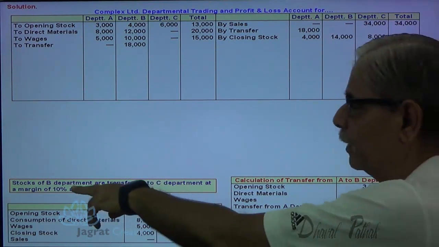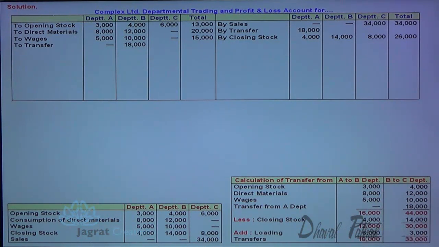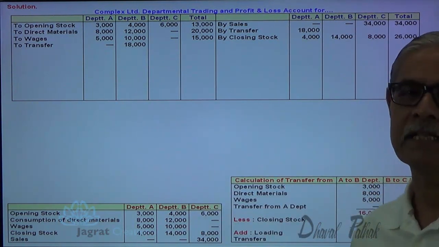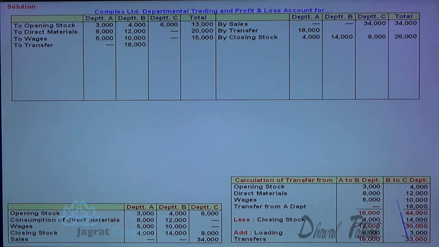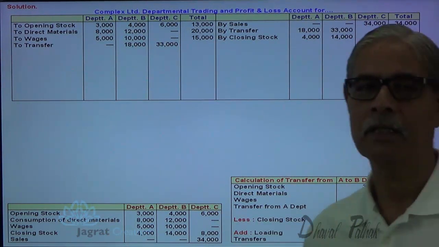Load is 10% above the departmental cost, 3,000. Transfer value 33,000. Debit the receiver. Who is the receiver? Department C is the receiver. Who is the giver? B is the giver. So credit the giver, debit the receiver. This is how the transfer value is worked out.